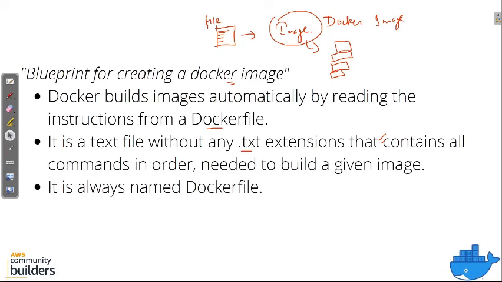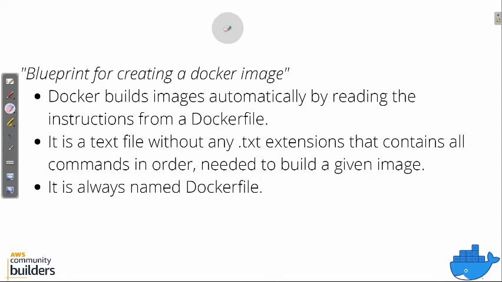You just have to name it Dockerfile, and it will automatically understand. It contains all the commands in order needed to build a given image. I hope you are getting a brief idea of how it is working.